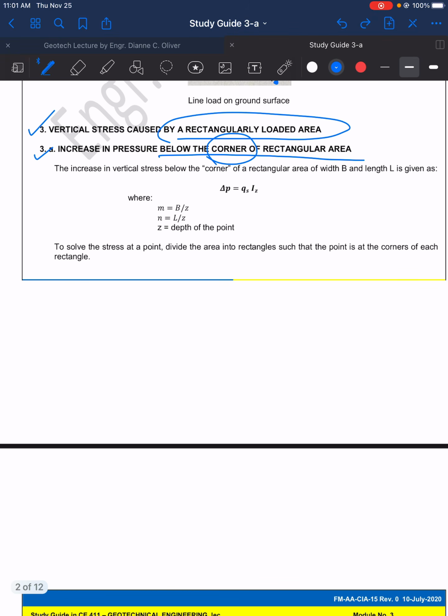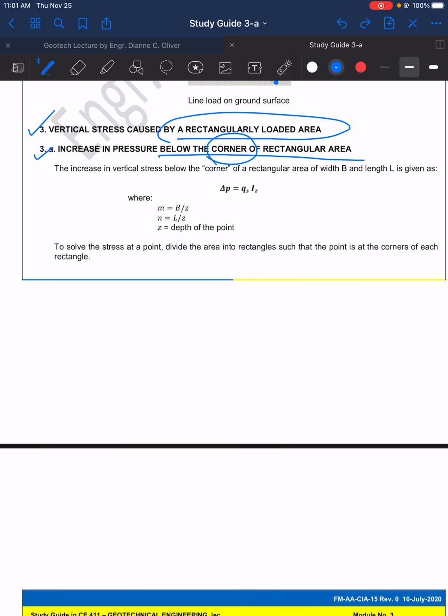The third one is the vertical stress caused by a rectangularly loaded area. And we have two cases. The first case is increase in pressure below the corner of a rectangular area.